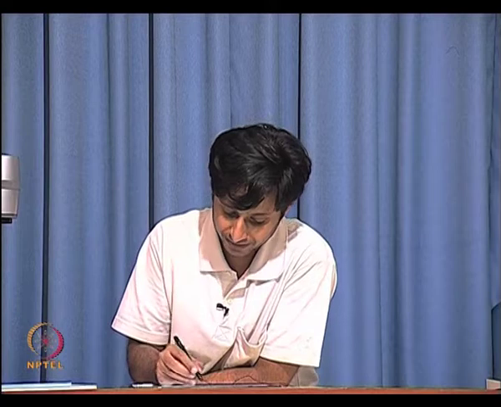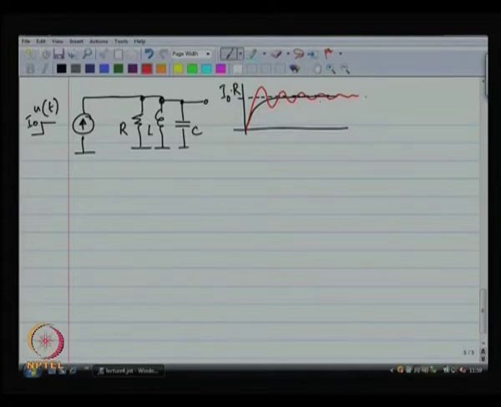Typically if you observe this waveform on an oscilloscope, you can just look at it and estimate the Q of your circuit. So, all you have to do is count the number of cycles you can see. So, over here I have drawn 1, 2, 3, 4, 5, 6 crests and troughs.